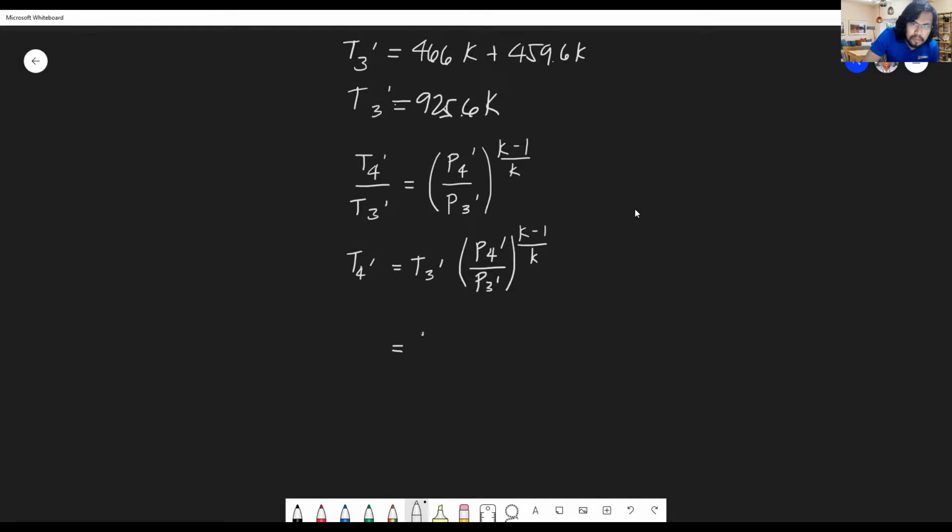T3 prime is 925.6 Kelvin times the pressure, it's going to go down, so 96.5 kilopascals over 385.8 kilopascals, and we raise this to 1.4 minus 1 over 1.4.